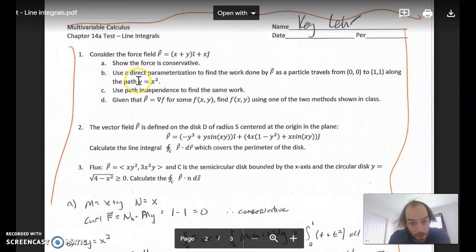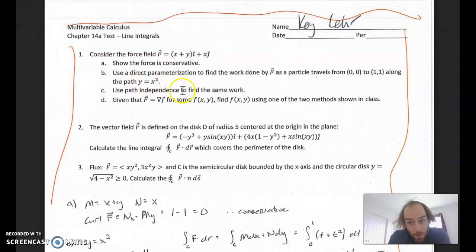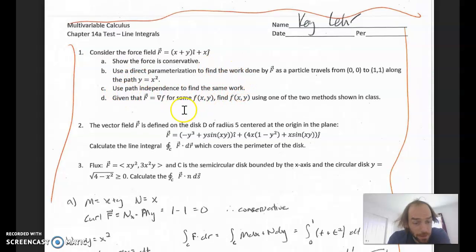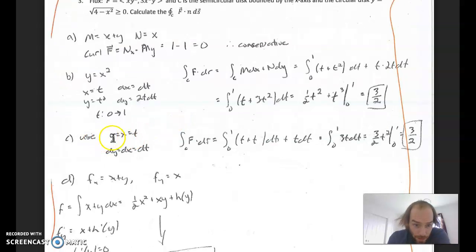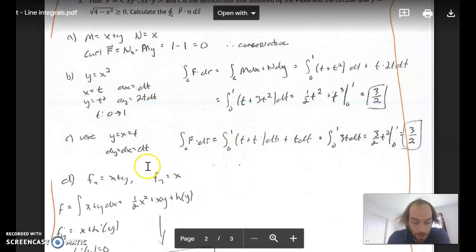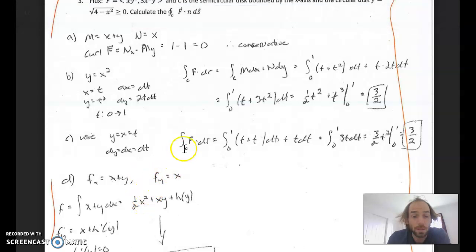The one that we calculated in part B was along y equals x squared. So if I'm using path independence to find the same work, I think the easiest way is to go along the line y equals x, from x equals 0, from (0,0) to (1,1).